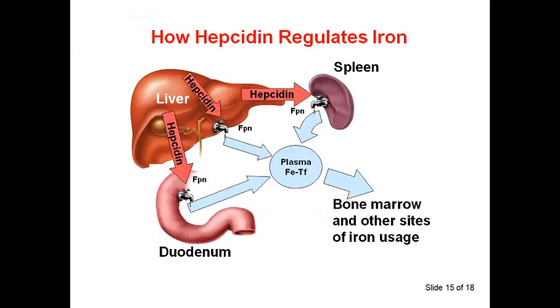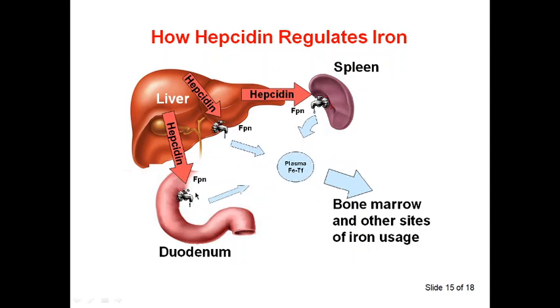This form shows how hepcidin works. Hepcidin shuts the iron absorption from the duodenum or the intestine, and iron release from the macrophages and liver.